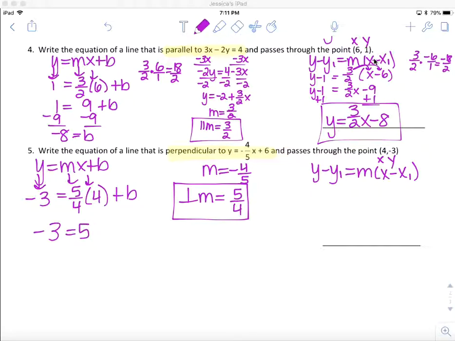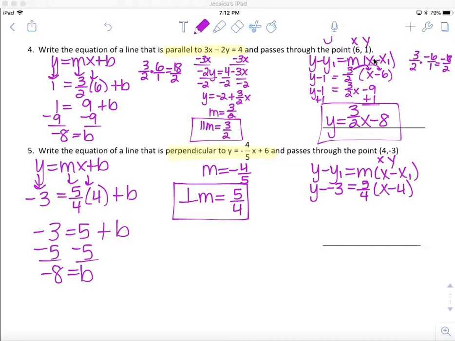Those 4's cancel out. And to get b by itself, I'm going to subtract 5 on both sides, meaning b is negative 8.